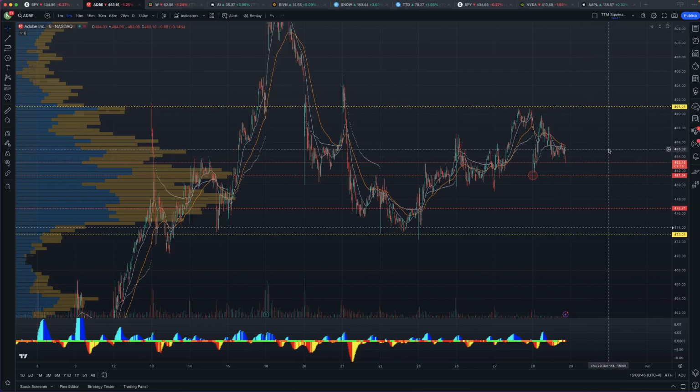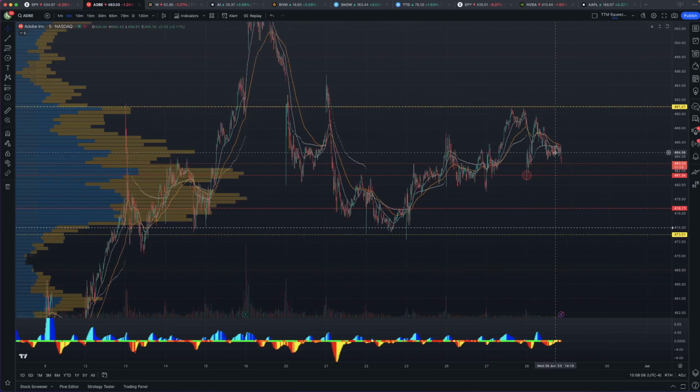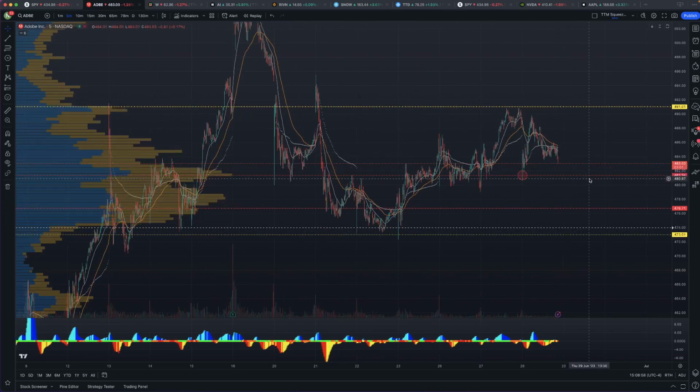It's still valid. If it breaks down through that area, I can wait to look for an add down into the support level. Or if my risk parameters are tighter than that, I can stop below this and wait and see if it comes down into our true support level. That just comes down to risk and how much you're willing to risk.